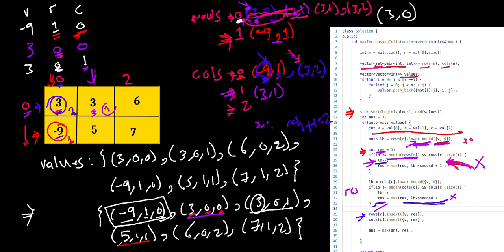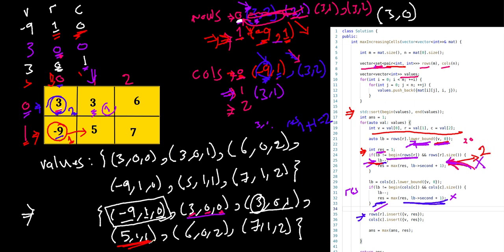Then we move to the next value, 5, 1, 1. We look at this row for the value 5, and we return a pointer to the end of this. We do minus minus, so the pointer becomes this node. So from -9 to 5 we have 1 plus 1 equal 2, so this if condition returns 2.